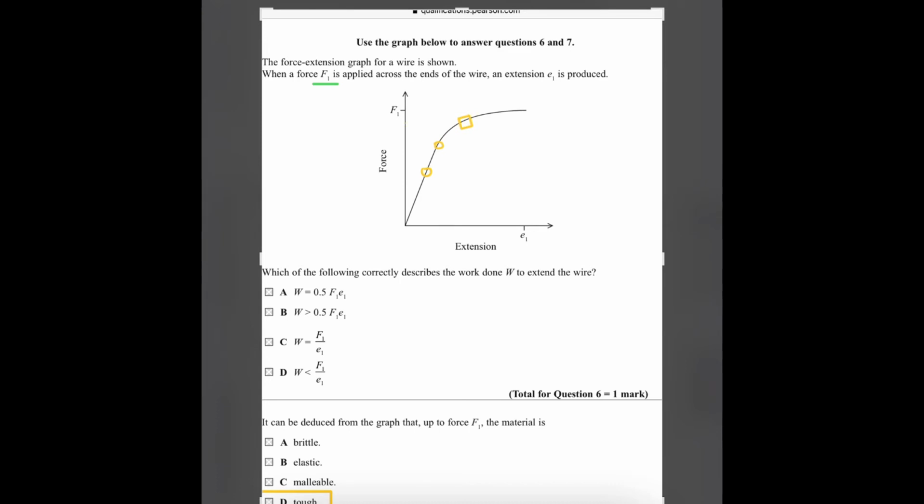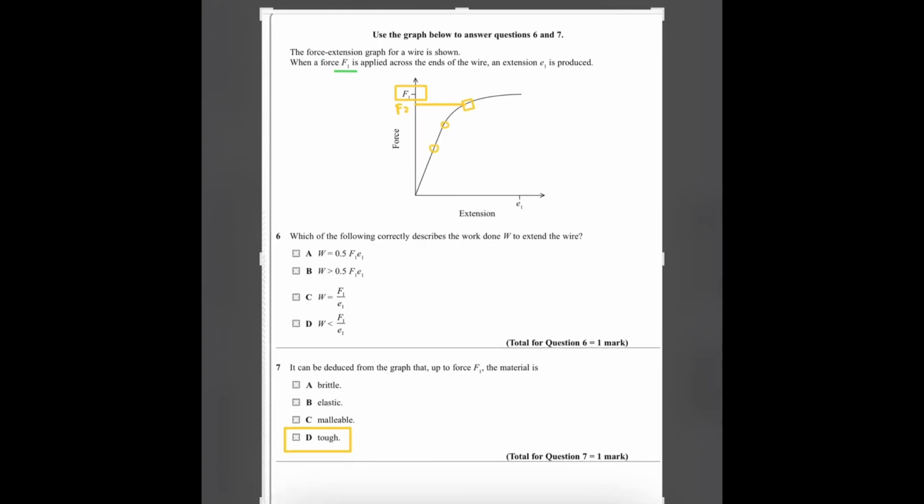After applying a force like F2, it would not return to its original position. So it is not true that up to F1 it is elastic. If we remove the force F1, it would not return to its original position, and malleable is also not correct. So the correct option is D.